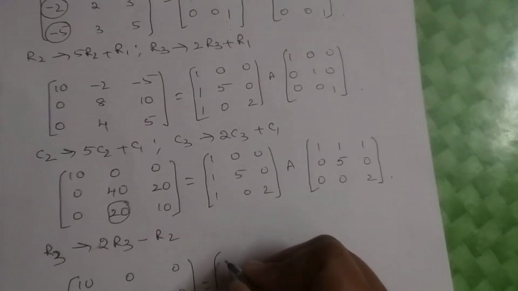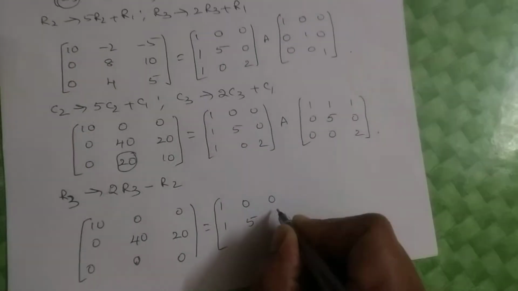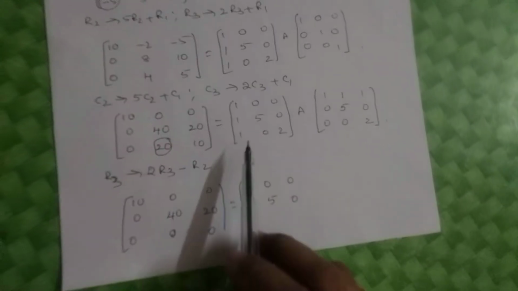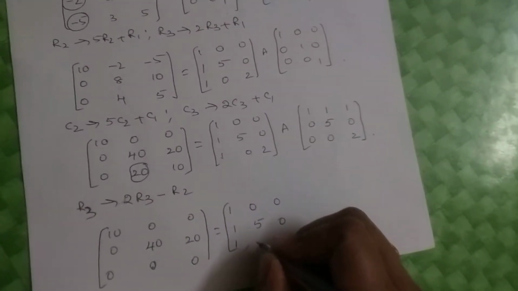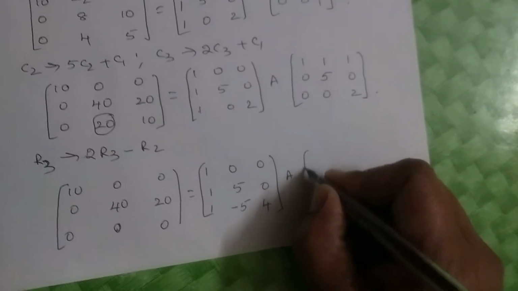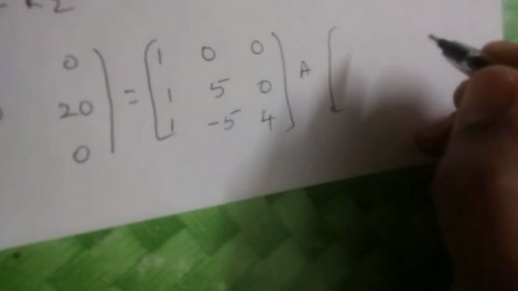So the same operations are applied in the first I. So 1 0 0, 1 5 0. Next 2 minus 1, this is 1. And next 0 minus 5, minus 5. Next 4 minus 0, this is 4. Okay, so A, and the next one is the same because we applied the column operation.